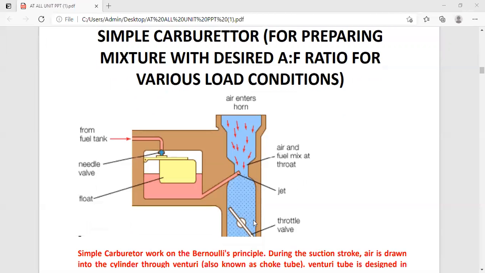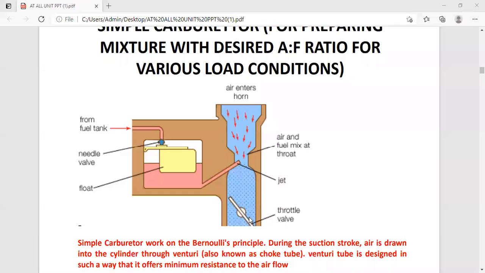If you observe this figure carefully, this float chamber is open to the atmosphere. For the float chamber, we give one hole at the top.